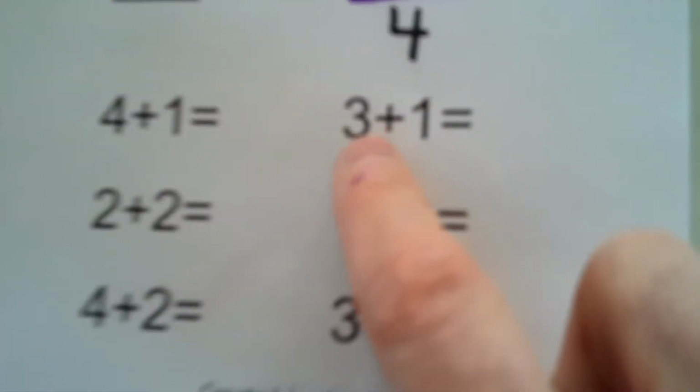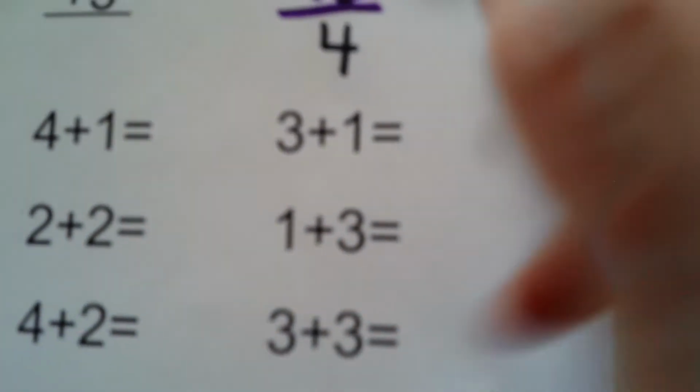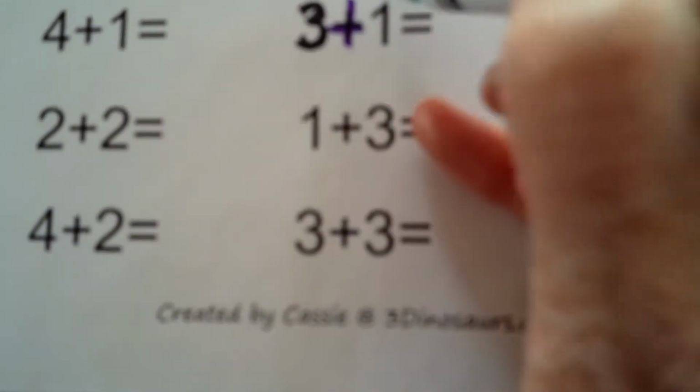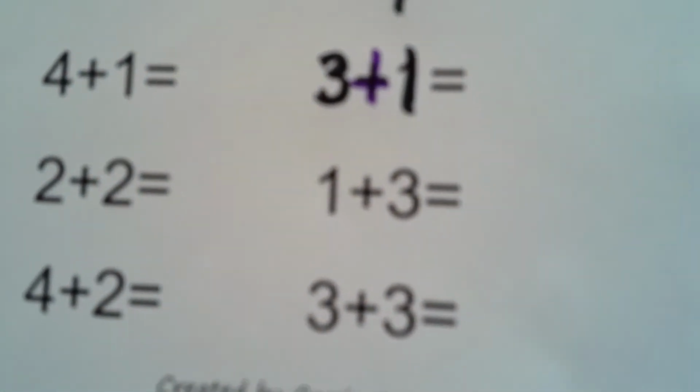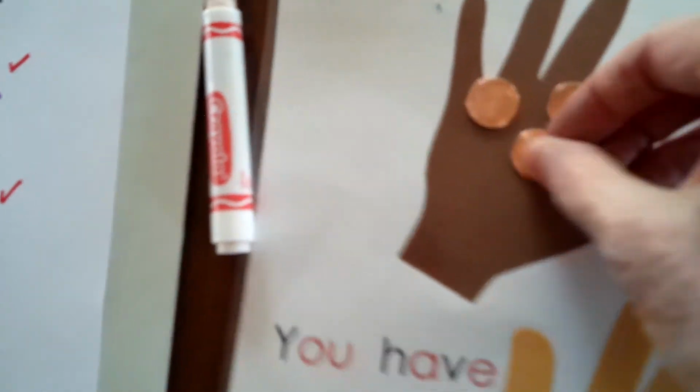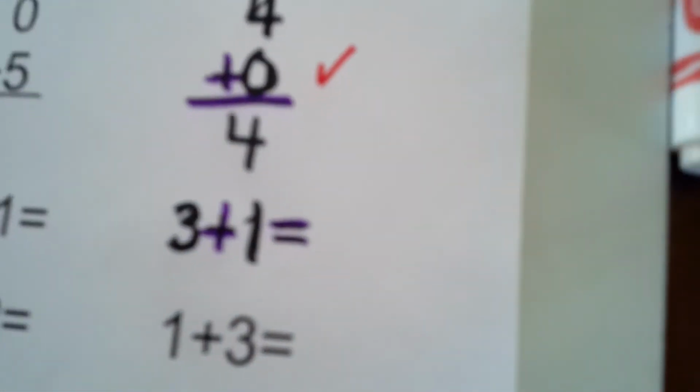Now let's check the horizontal ones. 3 plus 1 equals. Let's trace that. 3 plus 1 equals. I'm moving my pennies over here to check again. I have my pennies here. 1, 2, 3. 3 plus 1.